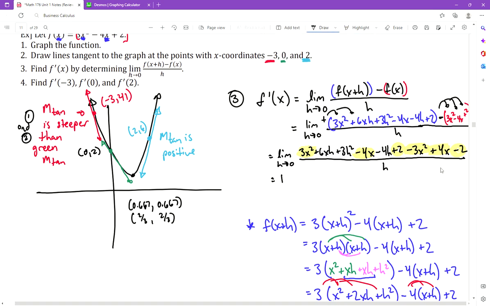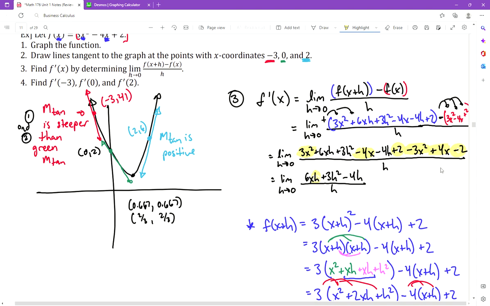Okay, so we would have this limit as h goes to 0 of just 6xh plus 3h squared minus 4h over h. All right, so we're here now. And then what we do is we factor an h out.